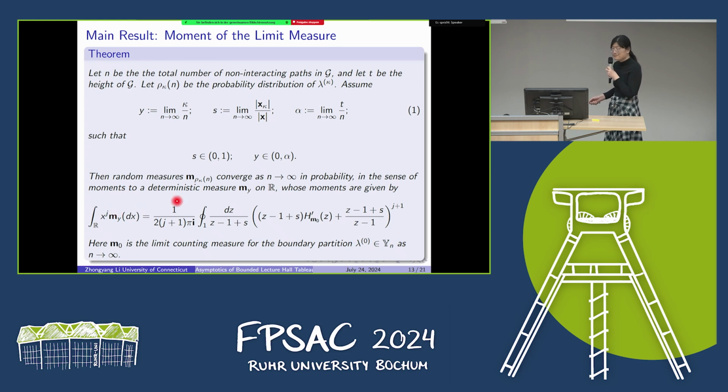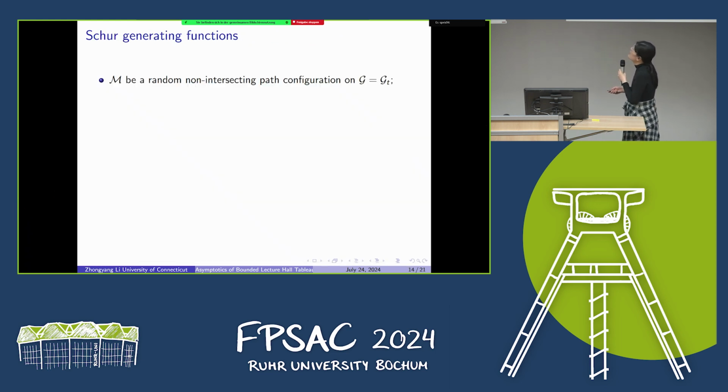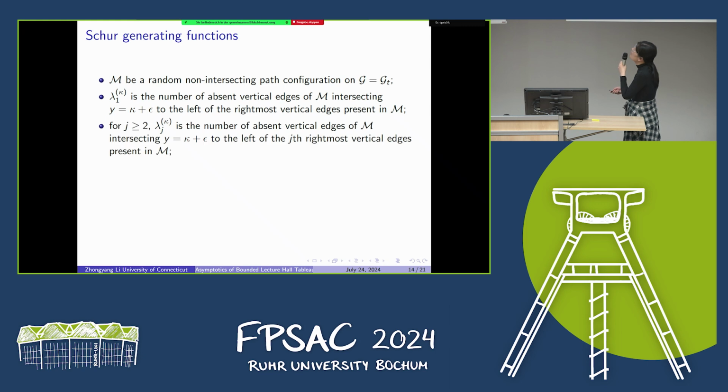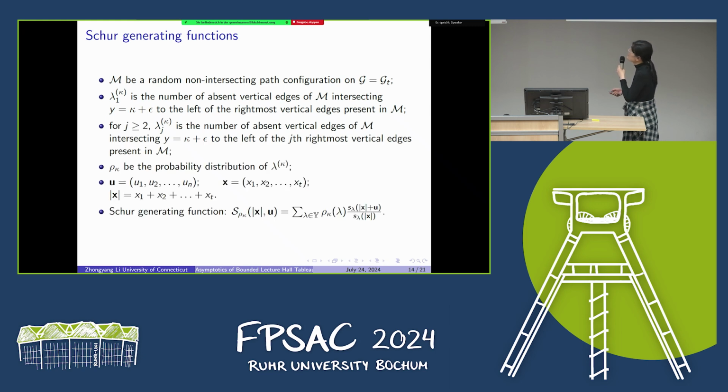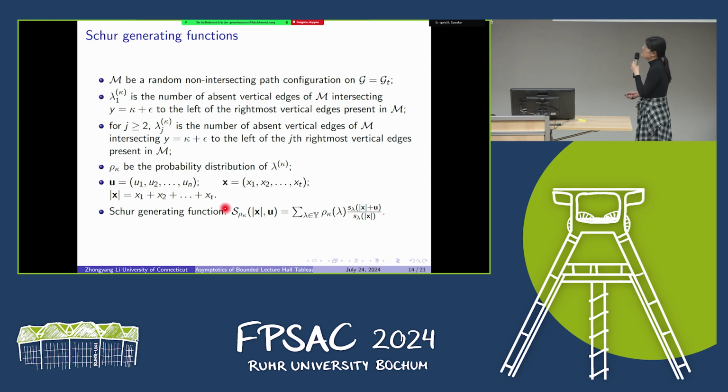And so this is like the two-dimensional analog of the law of large numbers. The method we use to obtain this is that we define a Schur generating function associated to the non-intersecting path with respect to the lecture hall tableau.